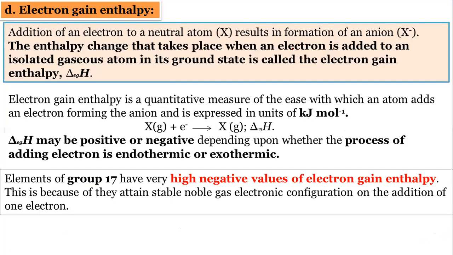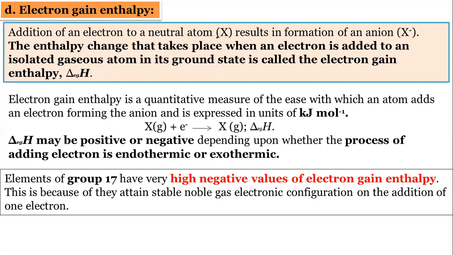Now the next periodic trend is electron gain enthalpy. We have discussed atomic size, ionic size, then ionization energy values. So this is the new trend, electron gain enthalpy. The name itself indicates it: if an electron is gained, the energy change that occurs is called electron gain enthalpy.